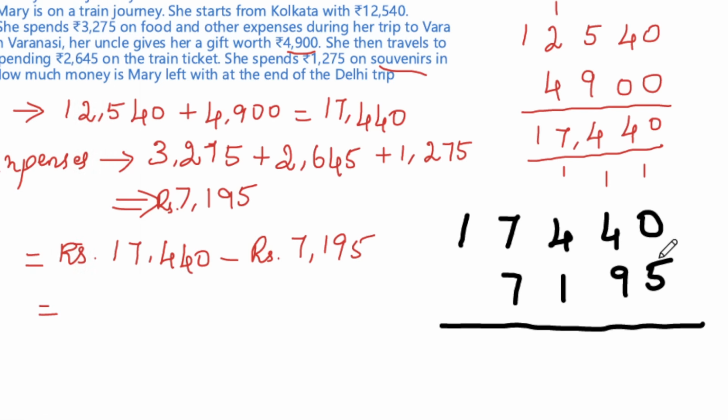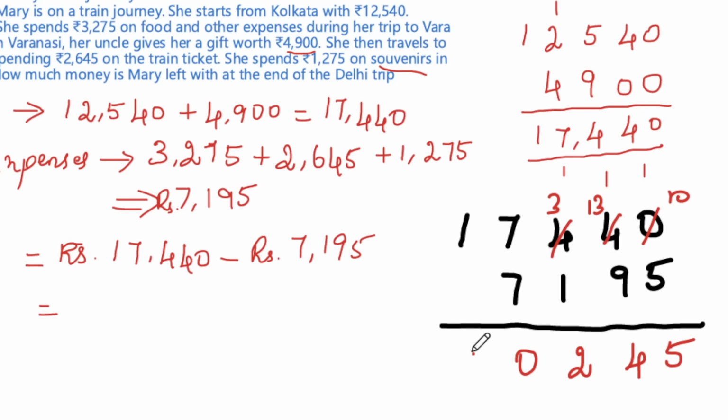0 cannot be subtracted by 5, so we borrow from here. This becomes 4, this becomes 10. So 10 minus 5 is 5. Again 3 is a smaller number compared to 9, so again you have to borrow. This becomes 3, this becomes 13. 13 minus 9 is 4. 3 minus 1 is 2. 7 minus 7 is 0.